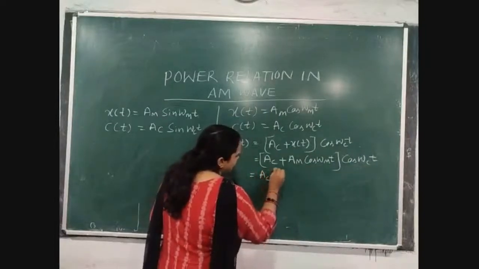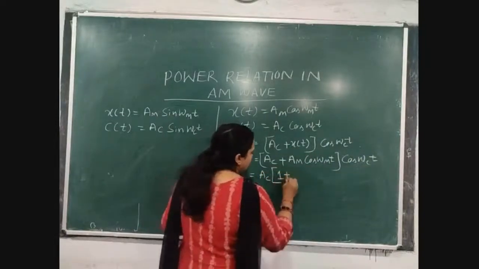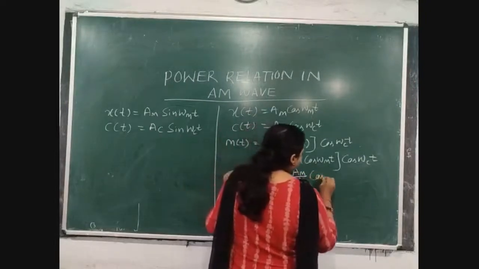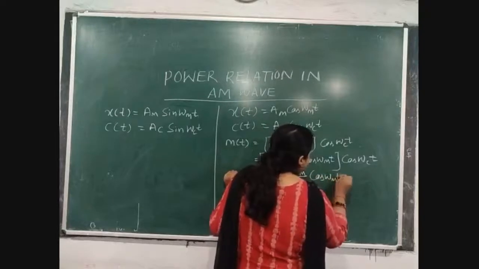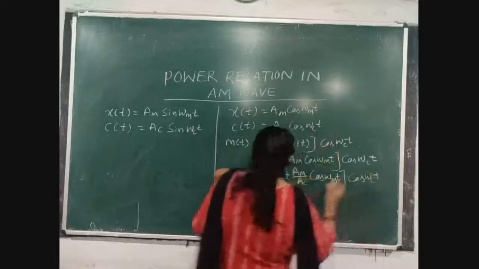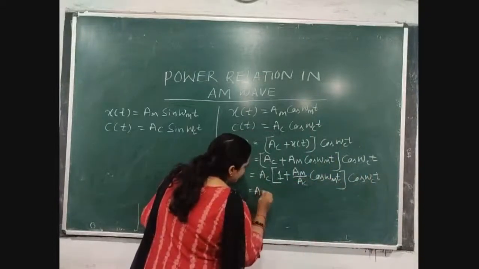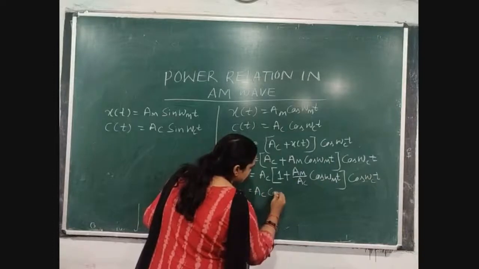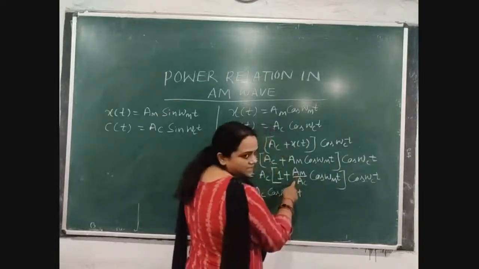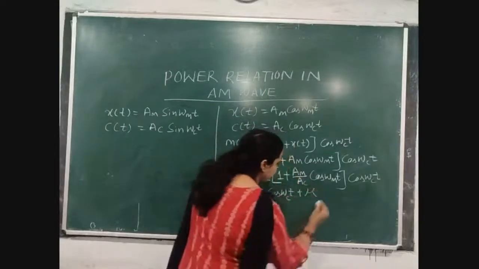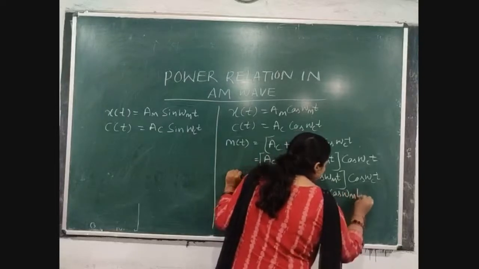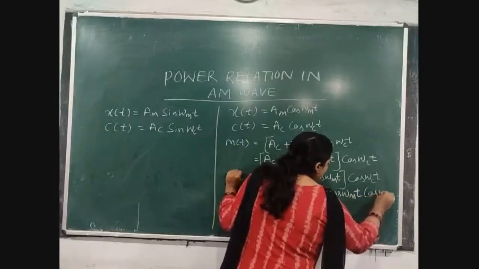Then we take Ac common: 1 plus Am by Ac cos omega mt, times cos omega ct. Then we open up the brackets. Am by Ac is denoted as mu, then Ac cos omega ct plus mu Ac cos omega mt into cos omega ct.